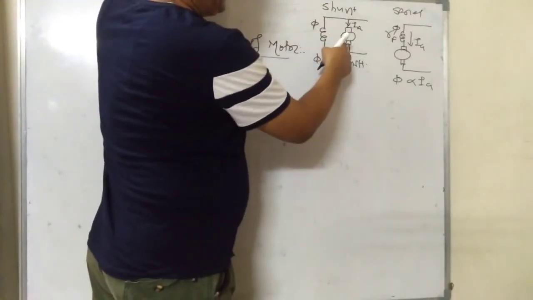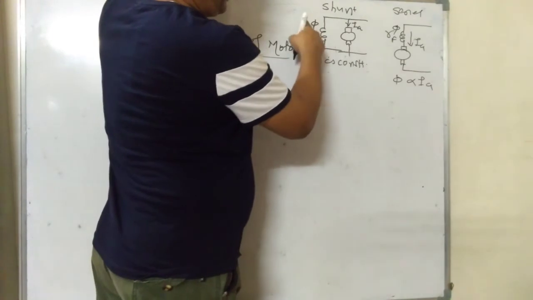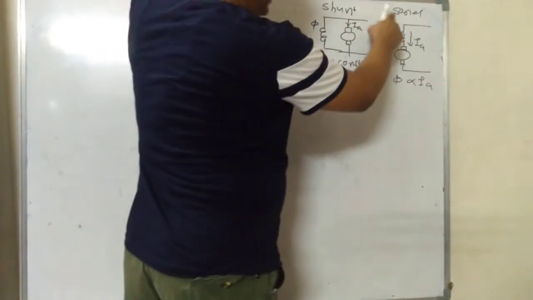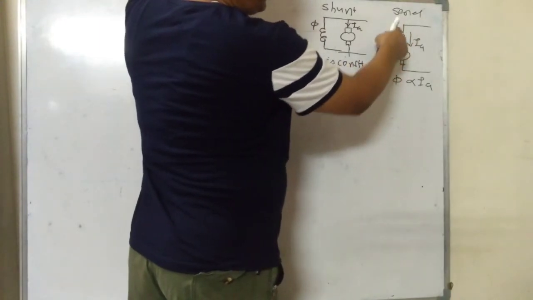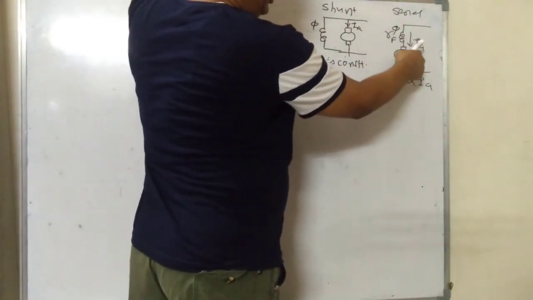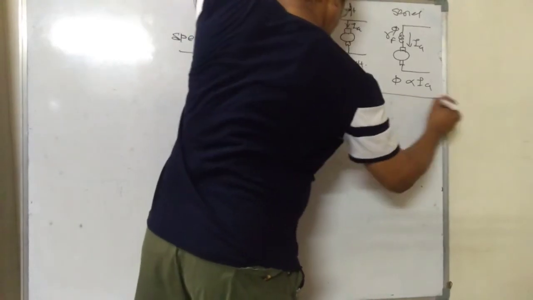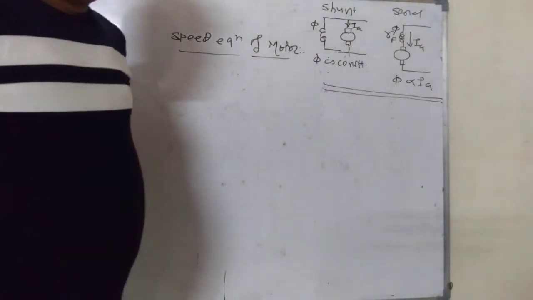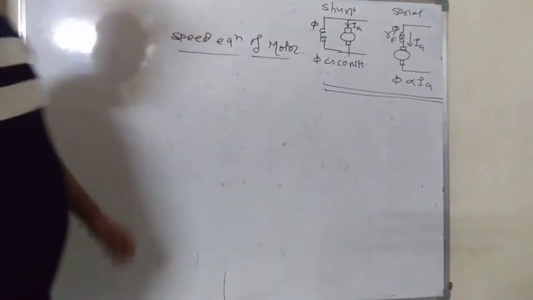Here Ia is armature current, the winding is separate, so phi does not depend on Ia. So phi is constant. But in series, Ia is flowing through the winding also. So phi will be dependent on Ia, phi is proportional to Ia. These two we have to remember while explaining the speed equation.